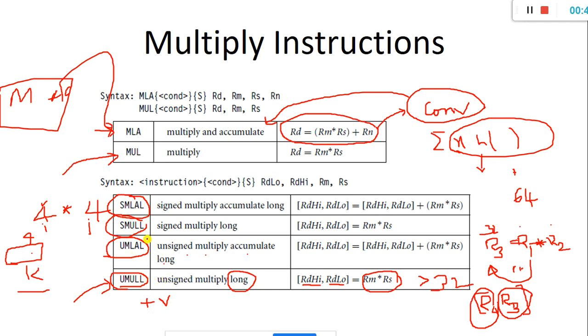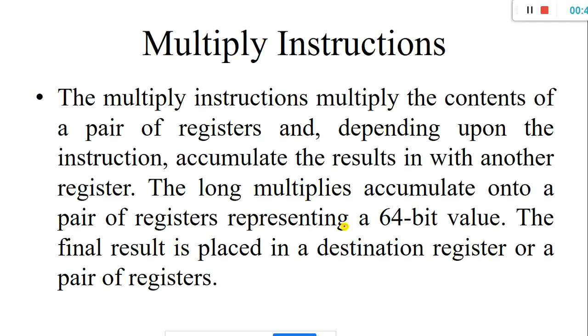The same thing is true with respect to multiply and accumulate also. The multiply instructions multiply the content of a pair of registers and, depending upon the instruction, accumulate results within another register. The long multiply accumulates onto a pair of registers representing a 64-bit value, and the final result is placed in a destination register or a pair of registers.